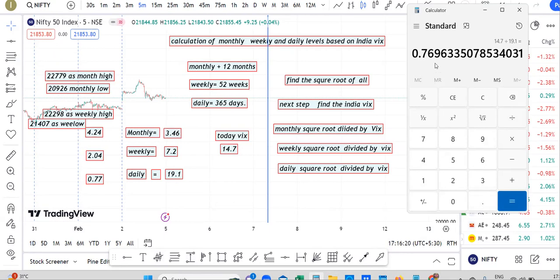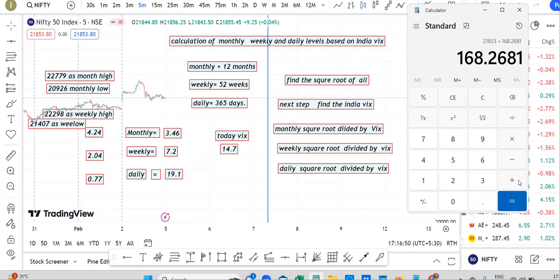So it will come to 0.77%. I've already calculated it, so I have the value. Now I have to calculate the daily levels. 21,853 plus 0.77%. I'm converting into percentage.